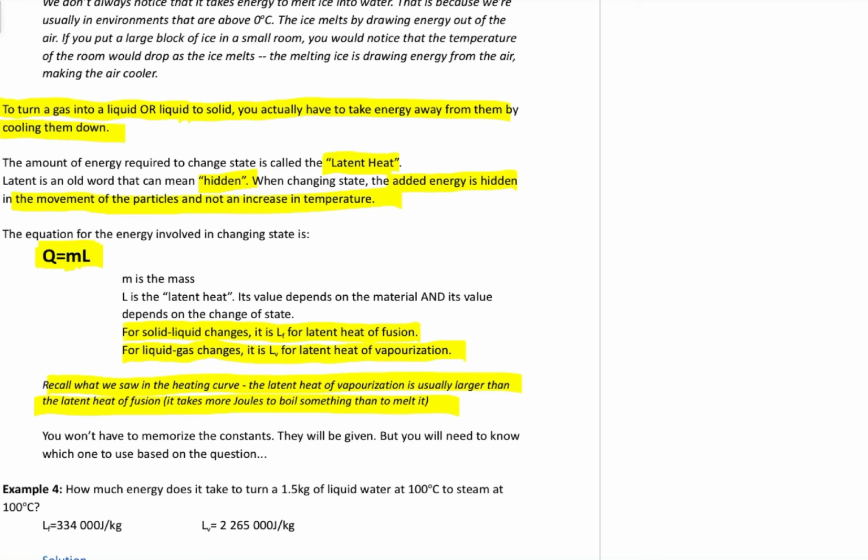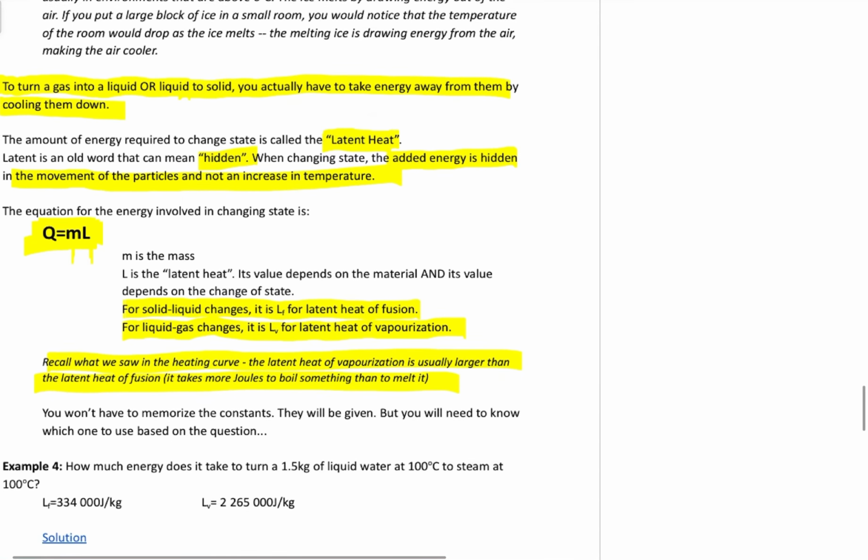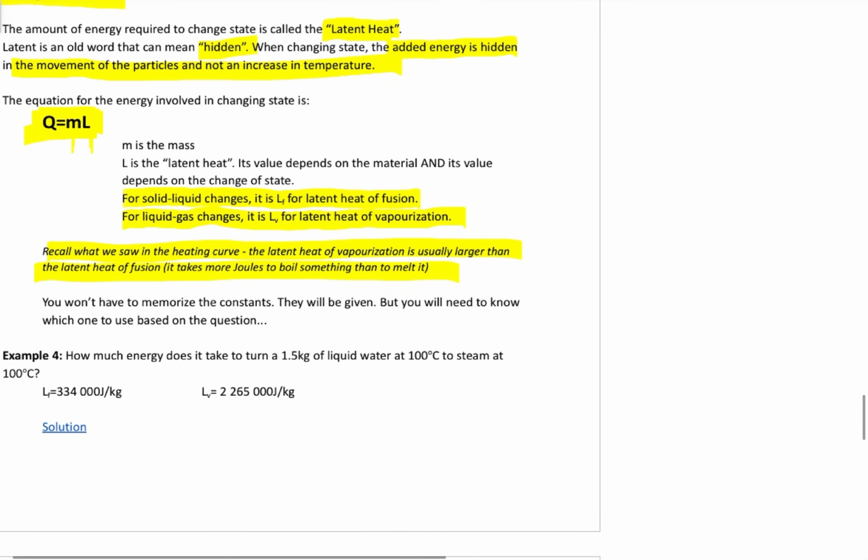So often, the one we call latent heat of vaporization, the constant that tells us how much energy to get to steam, is a bigger number than the latent heat of fusion, which is the amount of energy it takes to go from solid into liquid. In a way, it's a simpler equation. There's just two quantities. If I tell you the m and what phase change, you can find the L, multiply those two together, and that tells you the amount of energy.